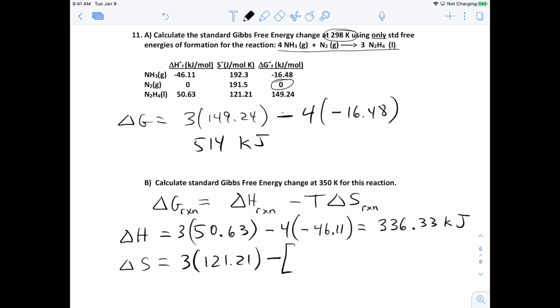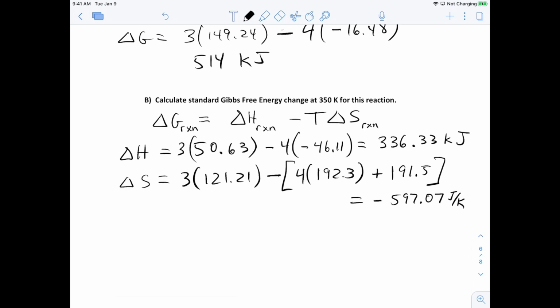Minus 4 times the ammonia, 192.3, and then 1 times the nitrogen, 191.5. And that comes out to negative 597.07 joules per Kelvin.